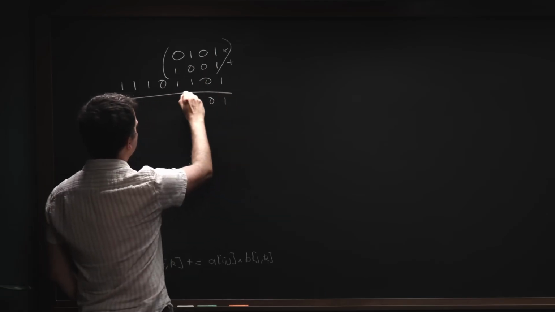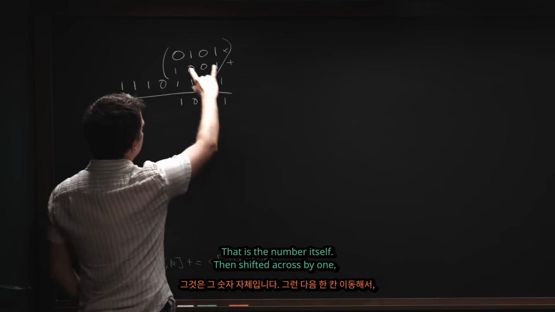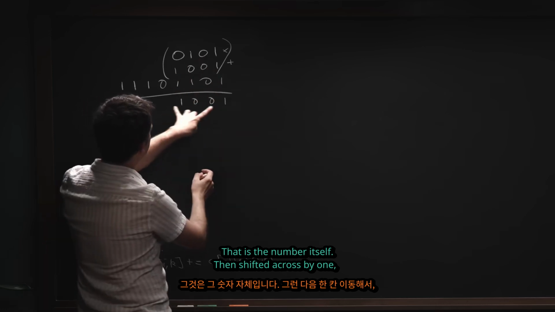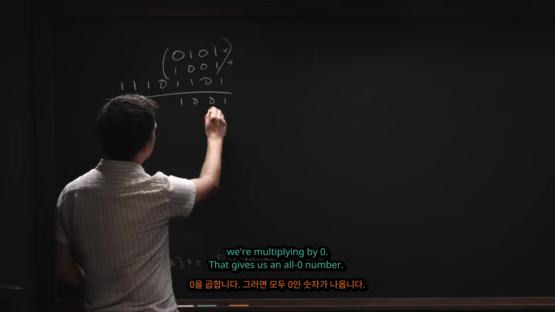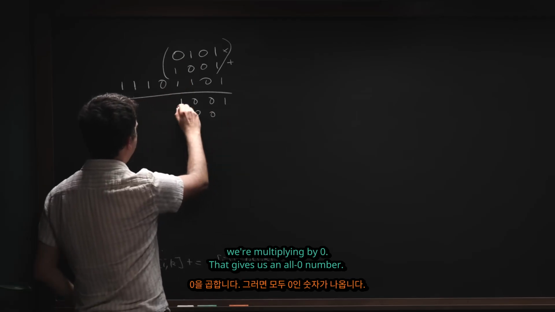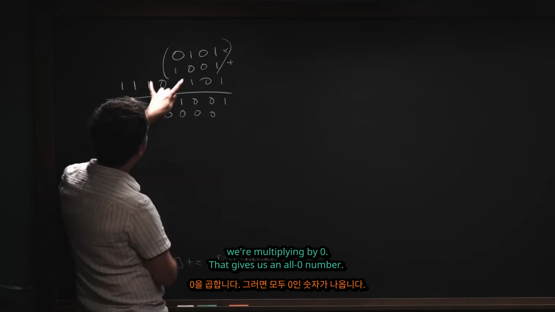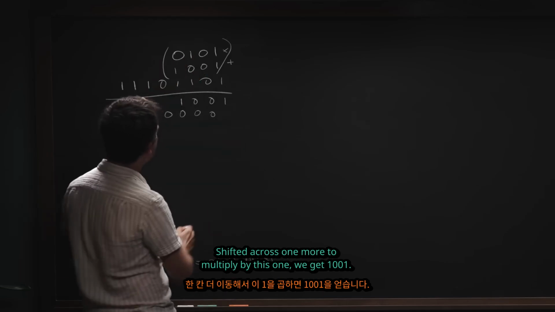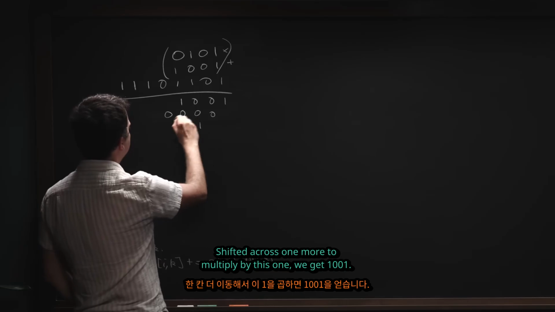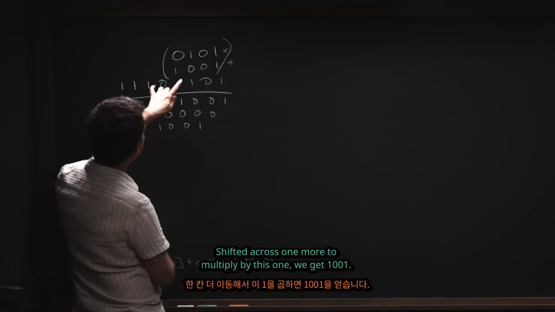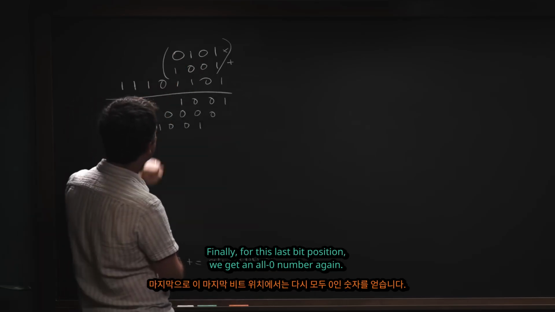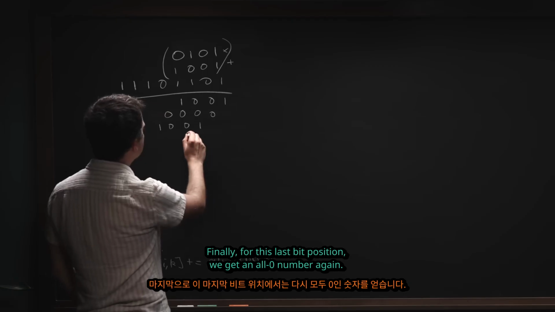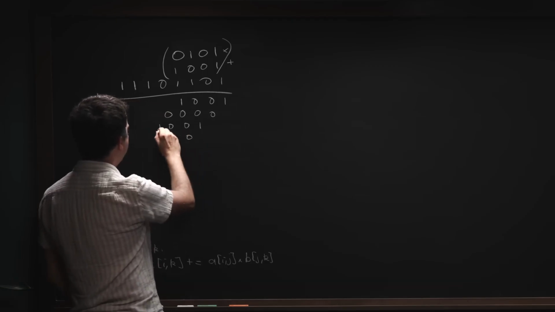That is this number itself. Then shift it across by 1, we're multiplying by 0. That gives us an all zeros number. Shifted across one more to multiply by this one, we get 1001. And then finally, for this last bit position, we get an all zeros number again.